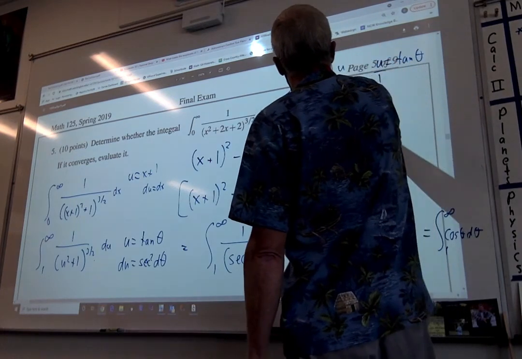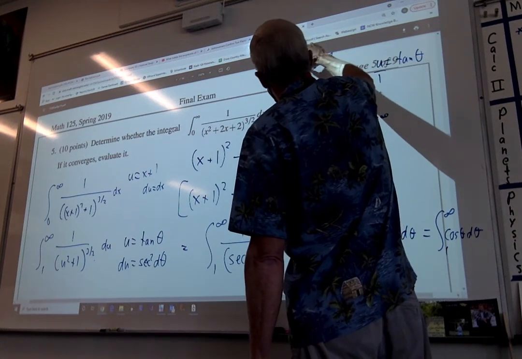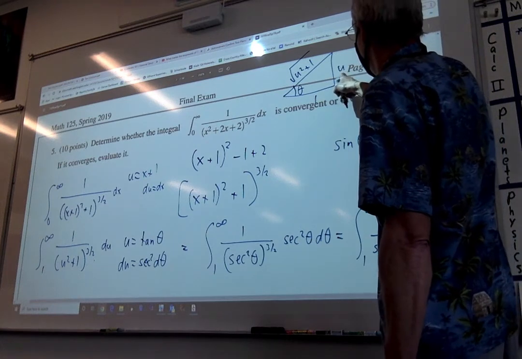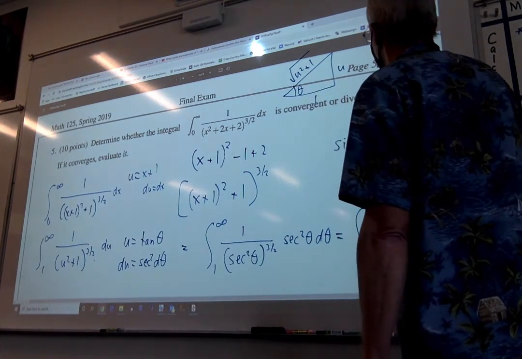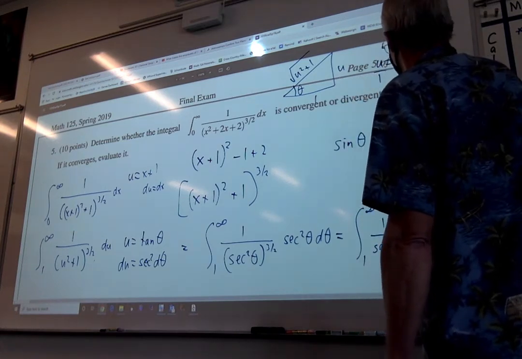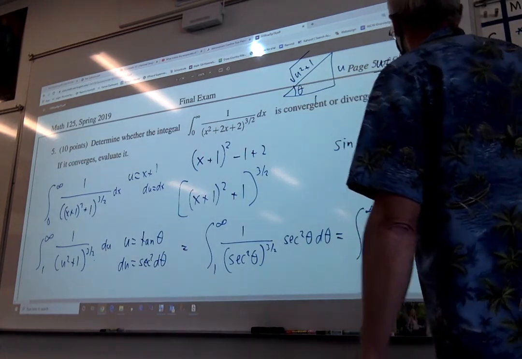Opposite is U, adjacent is 1, and the hypotenuse is the square root of U squared plus 1. Sine theta is opposite over hypotenuse. So really, it's U divided by the square root of U squared plus 1, from 1 to infinity.